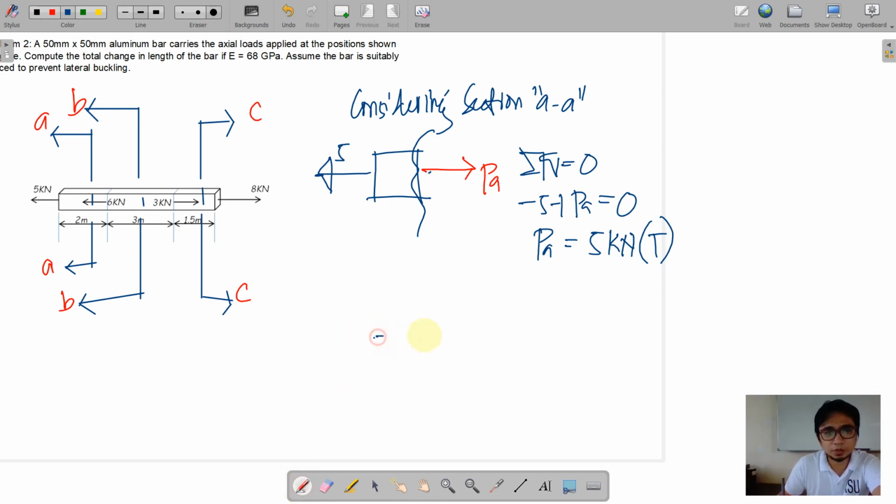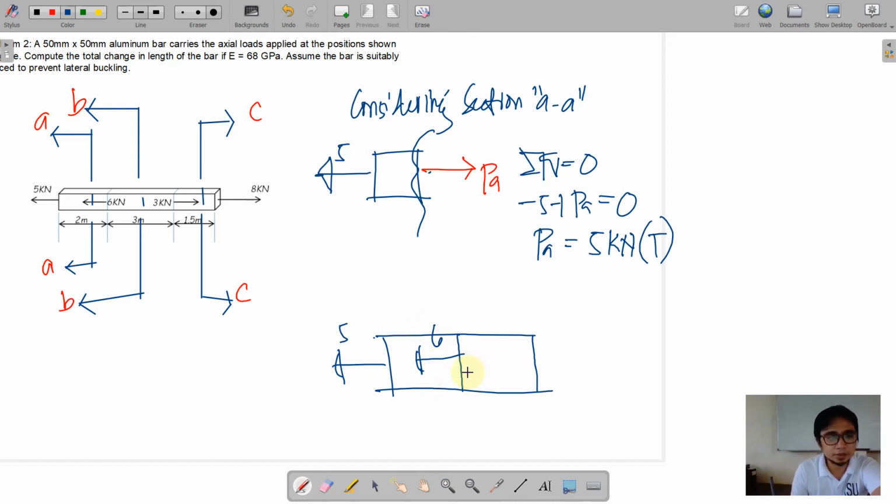Moving on to section BB, considering the left portion. So first we have here a leftward 5. On this section we also have a force of 6.